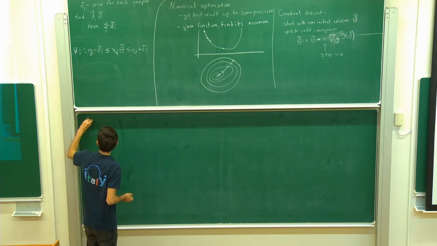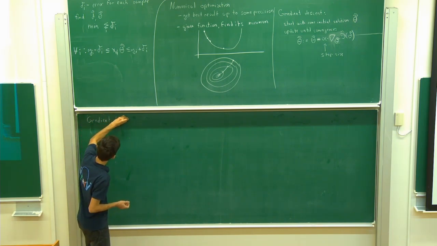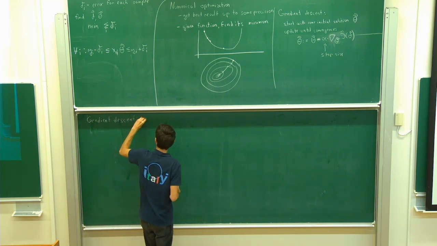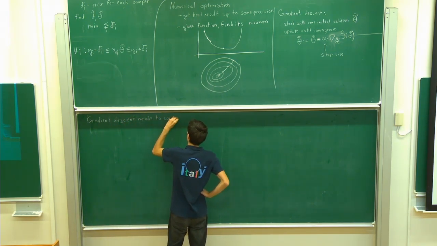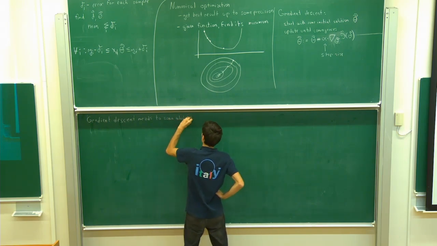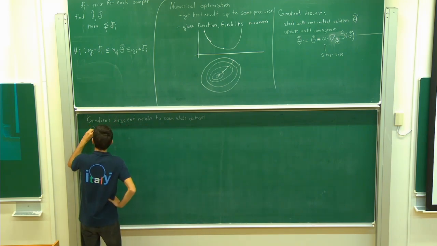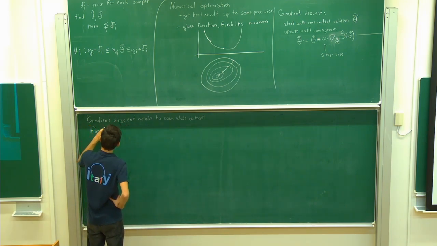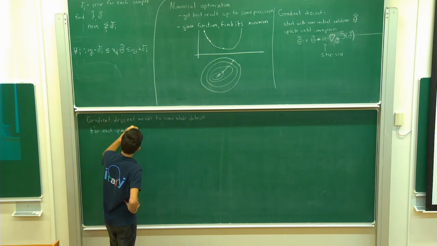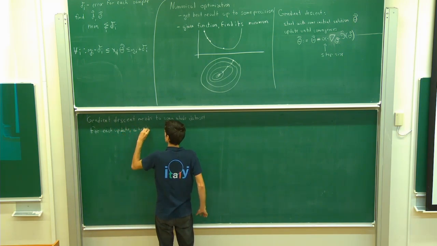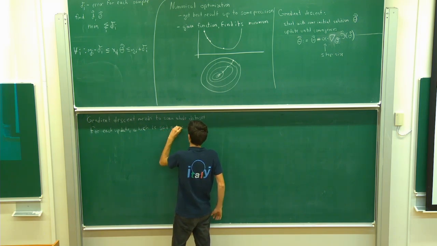So gradient descent means using the whole data set for each update, which is slow.